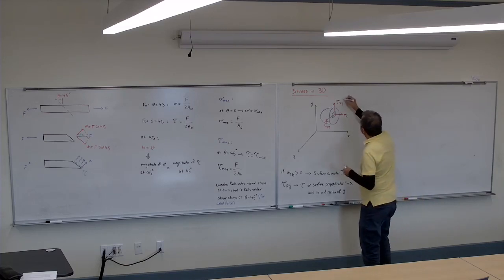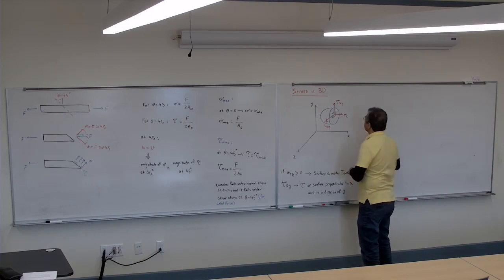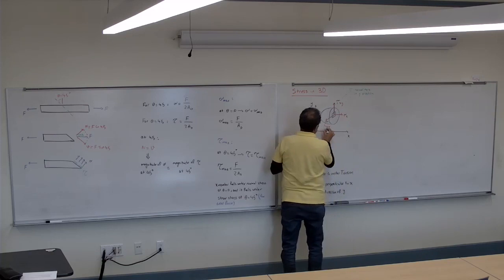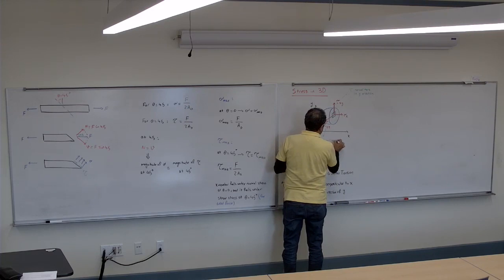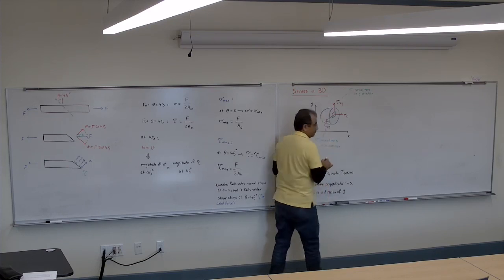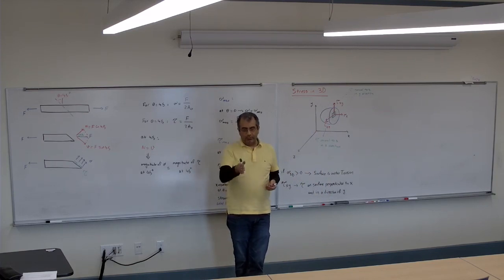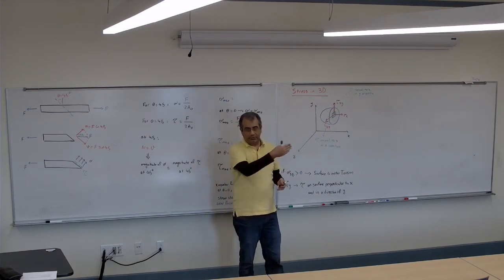So what does it mean? Tau XY is normal to x, in the y direction. This one is tau normal to x in the z direction. You got it? So the first letter is the normal axis, it shows the surface normal; the second letter shows the direction.